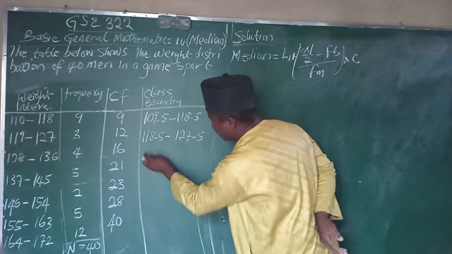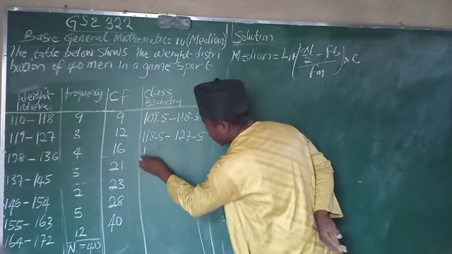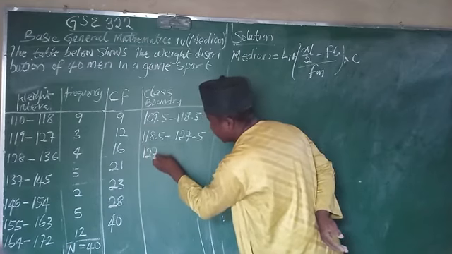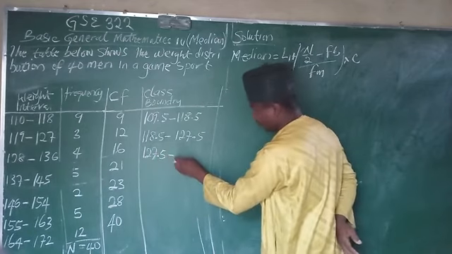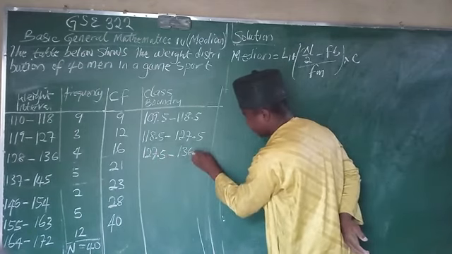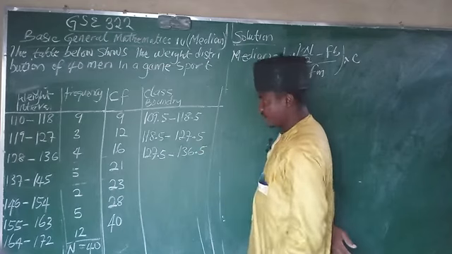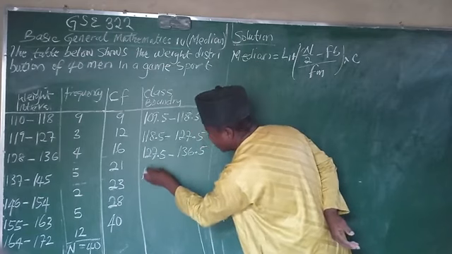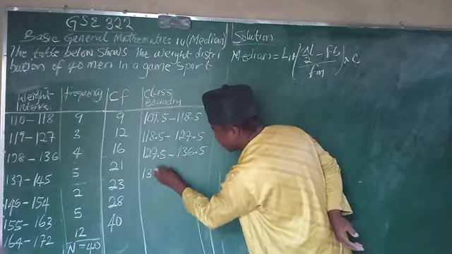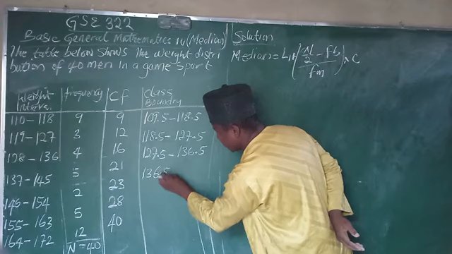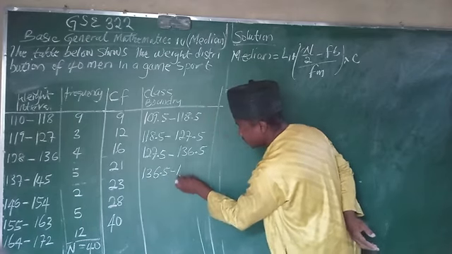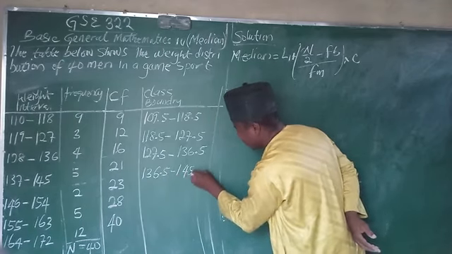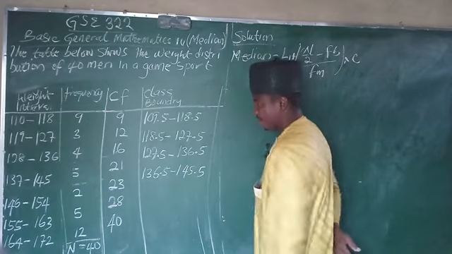The next one is 127.5 to 136.5. The next one is 136.5 to 145.5.